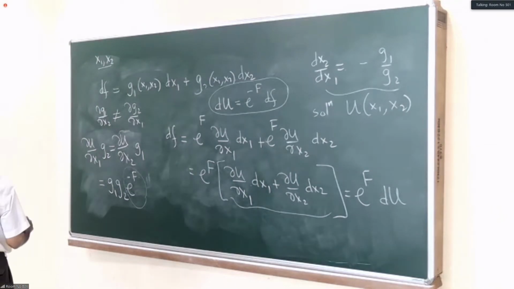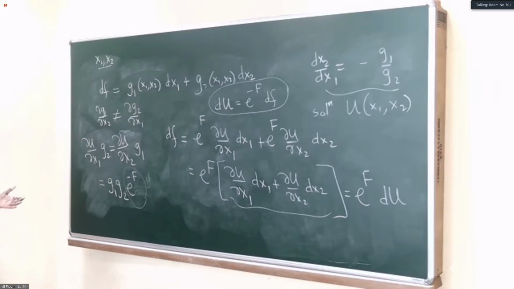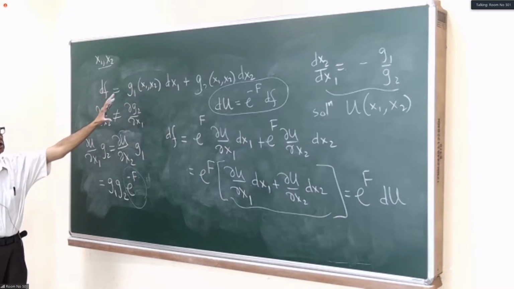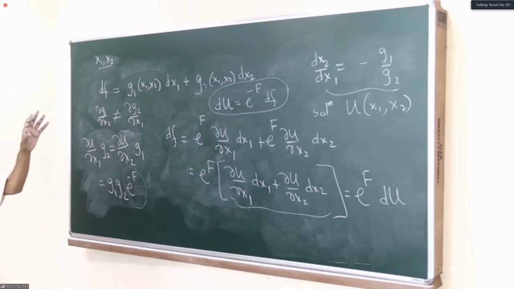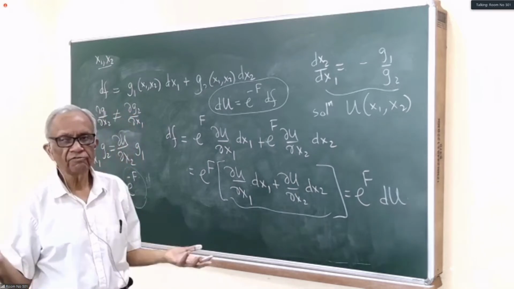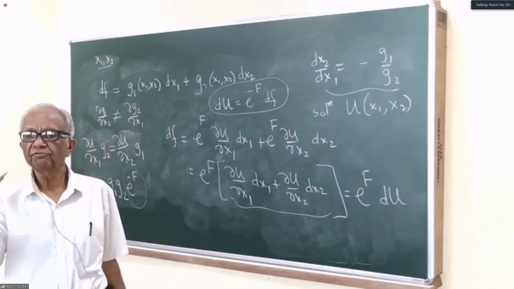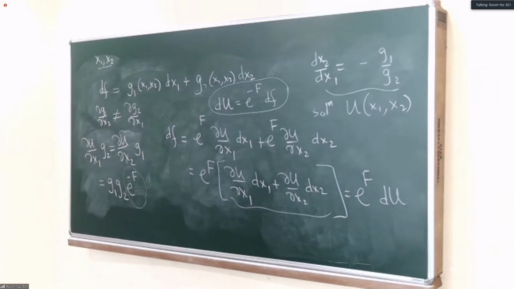So this is the way I would look at it: if somebody gives me a function specified only by its differential, you don't give me the function, you give me only what the differential of that function is. And let's say it's a function of two variables to keep life simple. This can be generalized, obviously, to any number of variables.